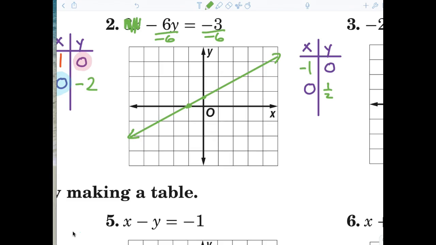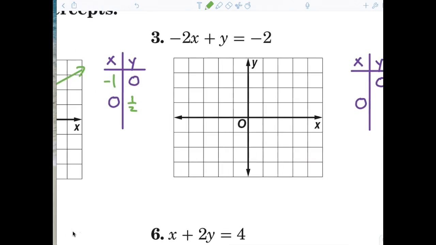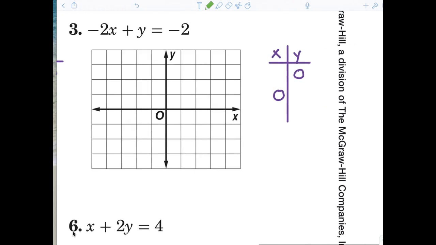Wow, very good. All right, now let's see how brilliant we are. I'm going to give you about 30 seconds to knock out number 3. Put your hands down. All right, I'm walking around the room. I'm expecting there to be the x-intercept, the y-intercept, and the graph. Oh my gosh. Sorry. Let's go, let's go. Chop, chop. I'm walking around the room.